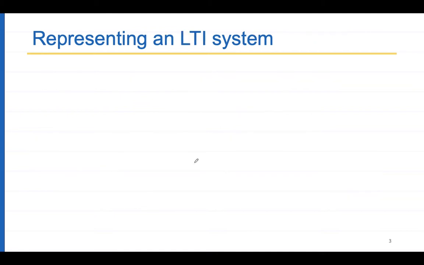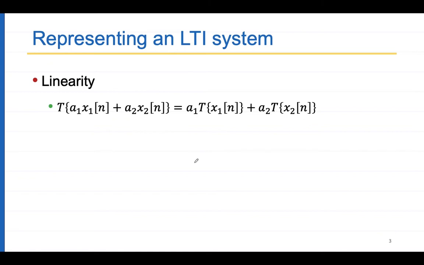Okay, so let's revise. What is an LTI system? It's a linear time invariant system. What is linearity? Let's say I have an input x1 of n and I pass it through the system T and I get some output y1 of n. Similarly, if I have some input x2 of n, I pass it through the system T and I get y2 of n.